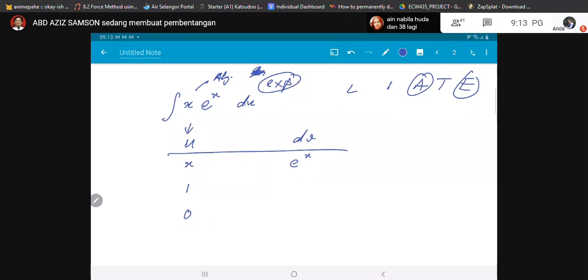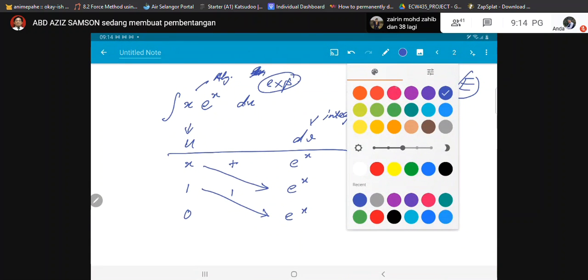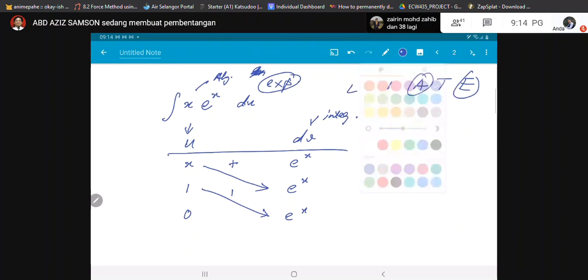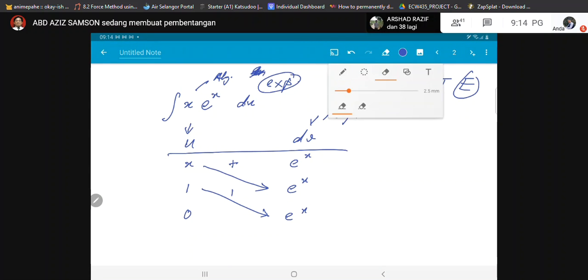In the second column, we integrate, and it will be e to the x, e to the x. Then we have an alternating plus or minus, so it should be minus.